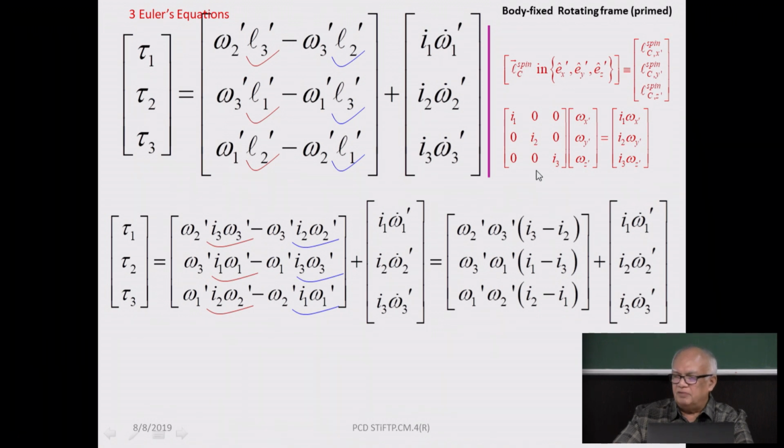The third component will be given by this, and you can write these components L3 prime and L2 prime in terms of the principal components of the moment of inertia, I1, I2, I3, the small I1, small I2 and small I3, which are the diagonal elements, and the three components of the angular velocity in the principal basis.